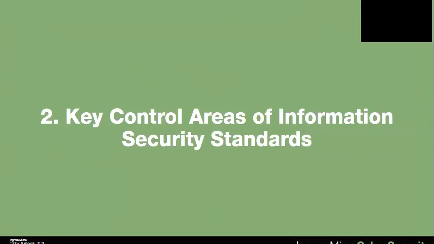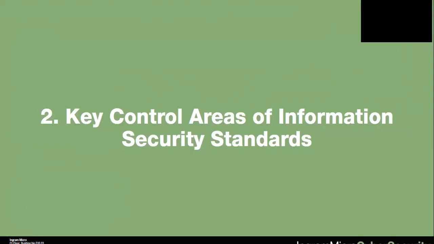Now we are at section number 2. After finalizing some general definitions regarding the standard, understanding the benefits, understanding how we can implement, understanding the domains, types of standards, etc., we now need to understand which key control areas we have in any of the security standards.